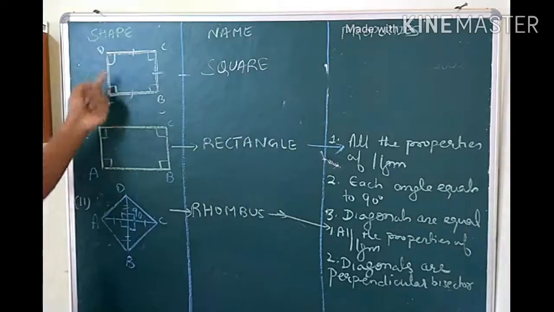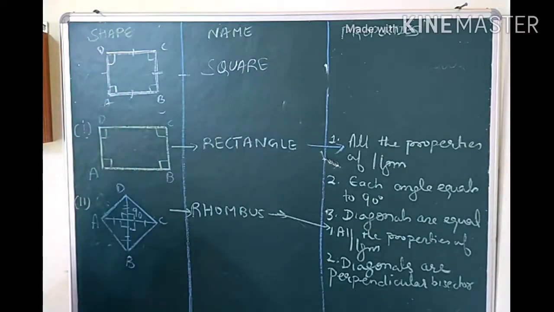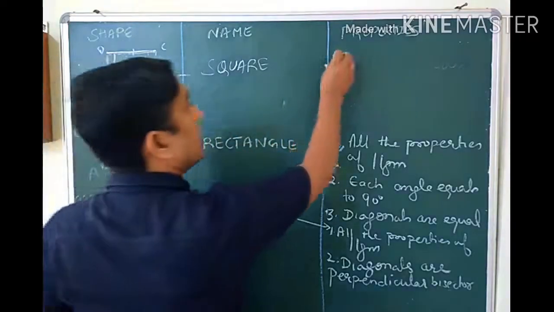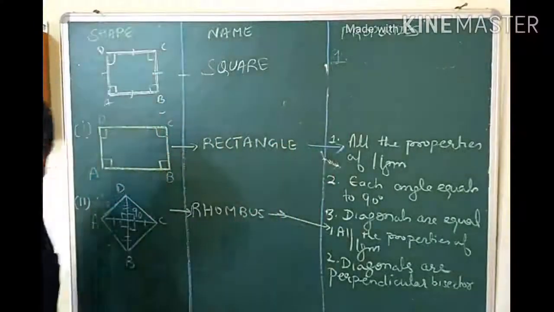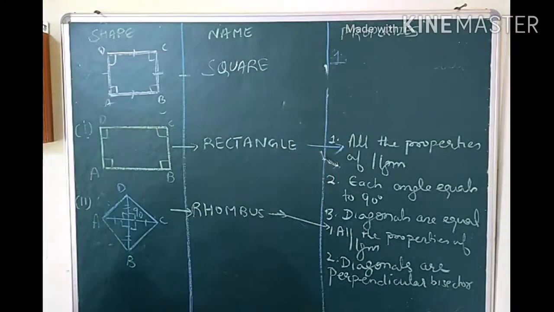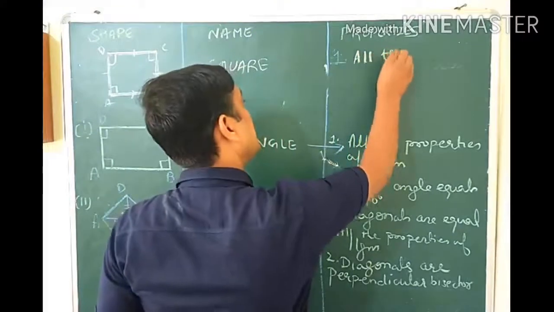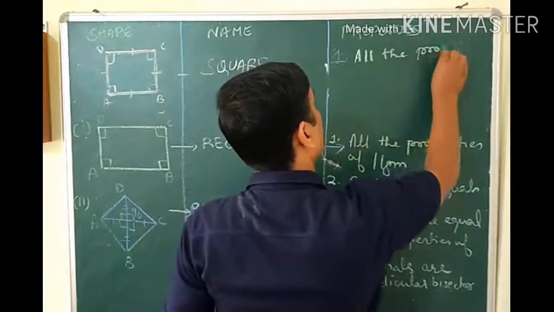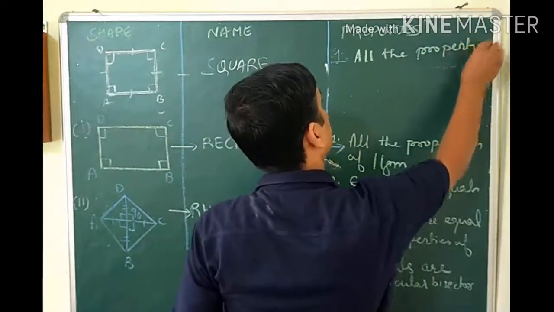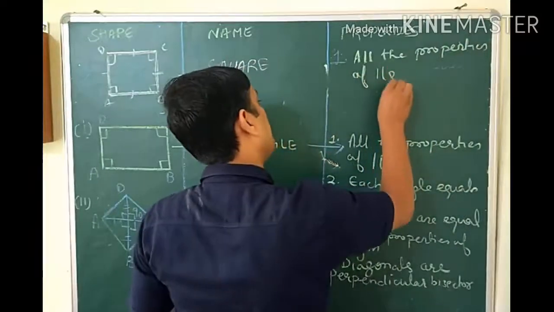A square is a figure whose all sides are equal and each angle is equal to 90 degrees. So now we will discuss its properties. It is also a type of parallelogram, so it possesses all the properties of a parallelogram.